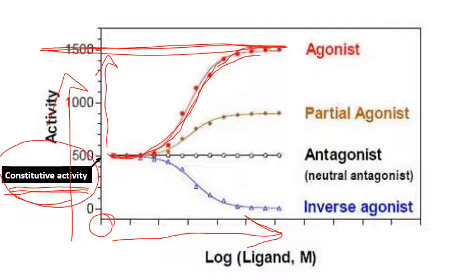So in this case, even with increasing the concentration to maximum concentration, still the activity will not achieve the similar activity as that could be achieved by the full agonist. So the maximum activity that we can get is much lower than the activity that we can get from the full agonist.